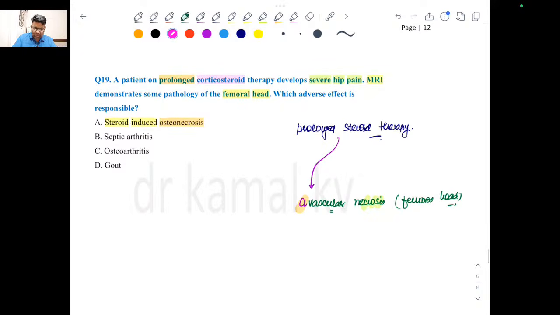But this is one non-traumatic. Clear? So, this is one non-traumatic example of AVN of the femoral head, which can come because of prolonged steroid therapy. There is one more condition, Caisson's disease. It can also lead to AVN, right? So, these are some non-traumatic causes of AVN which you should know.